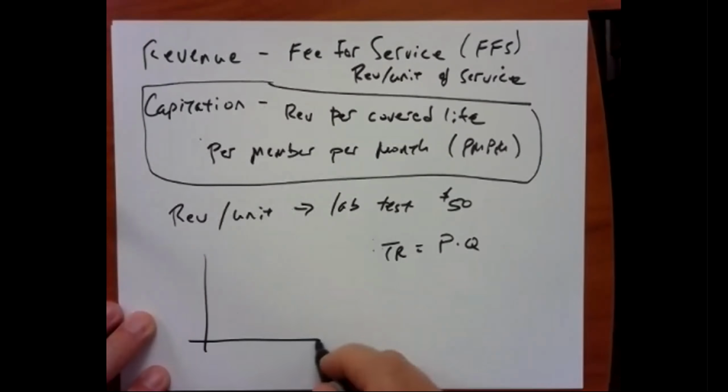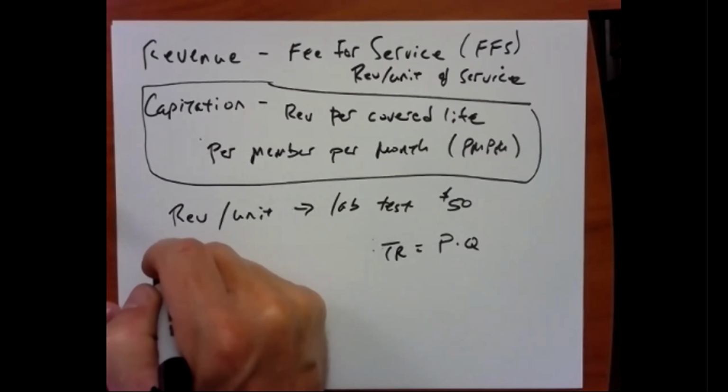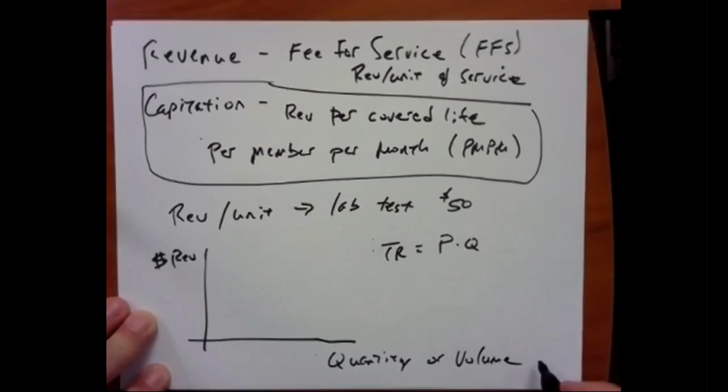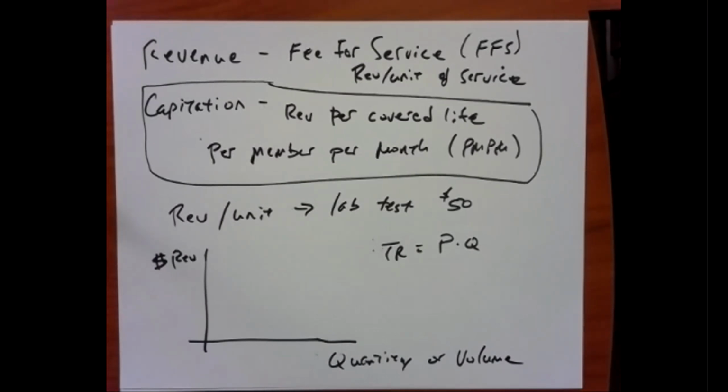So if I'm going to graph P times Q, if I do 0 tests, I get how much revenue? 0, right? If I'm not doing a test on anybody, nobody's going to pay me any money.